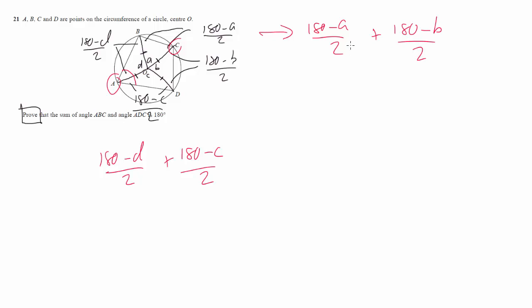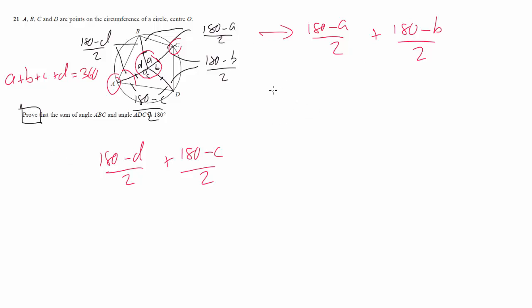Now, in theory, all these angles added together should give me something. So don't forget as well, because we use these numbers in the circle, we also know from this that A plus B plus C plus D should equal 360 degrees.